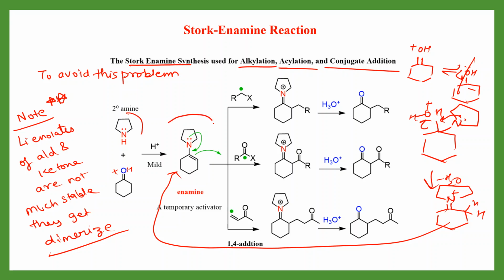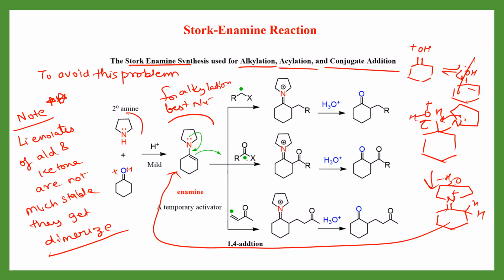Now this is the best nucleophile for alkyls. See, if you are giving this type of alkyl halide, it will attack here, knock off this X negative, and form iminium. Iminium on hydrolysis gets converted into ketone.